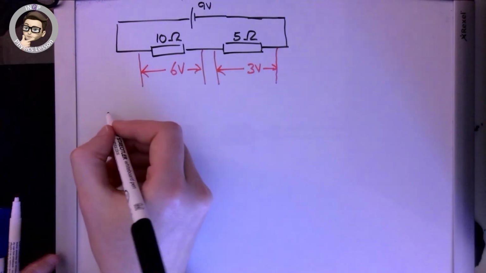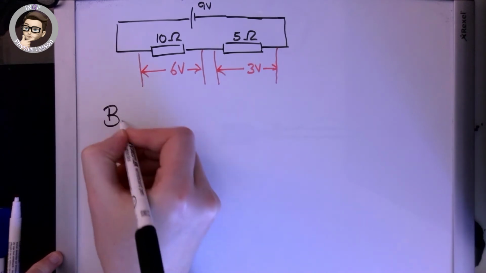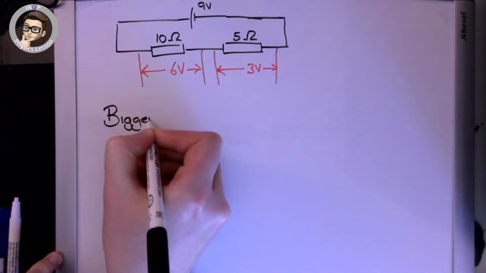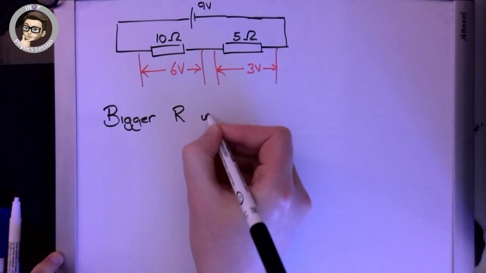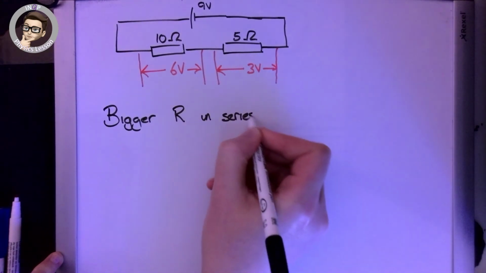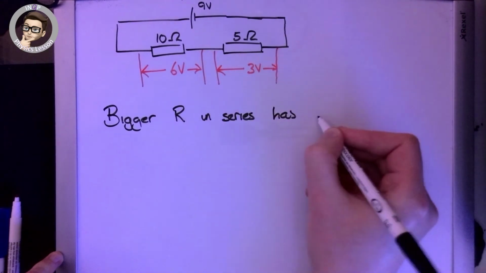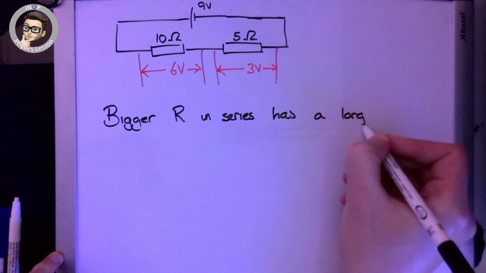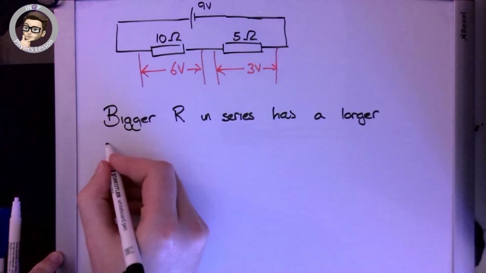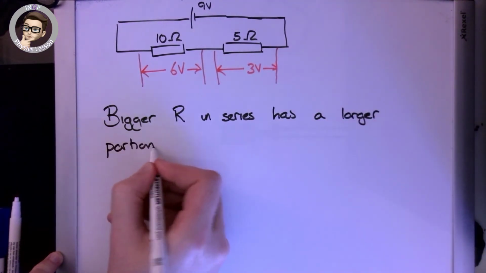So a bigger resistor in series has a larger portion of the potential difference.